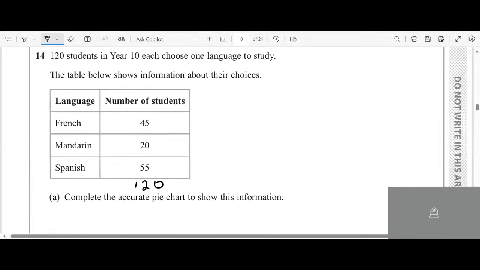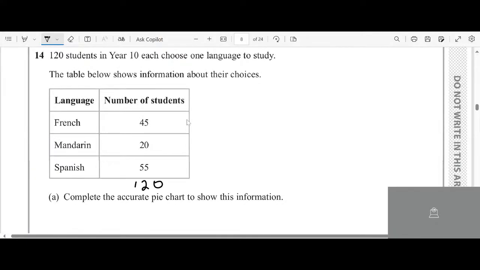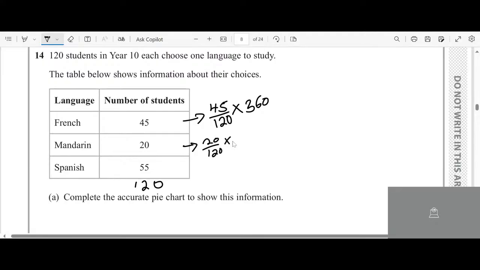To find degrees on a pie chart, just say for the French it is 45 divided by 120 times 360. Remember, angles at a point or on a pie chart add up to 360. Then 20 over 120 times 360. Also for this one, 55 of 120 times 360.